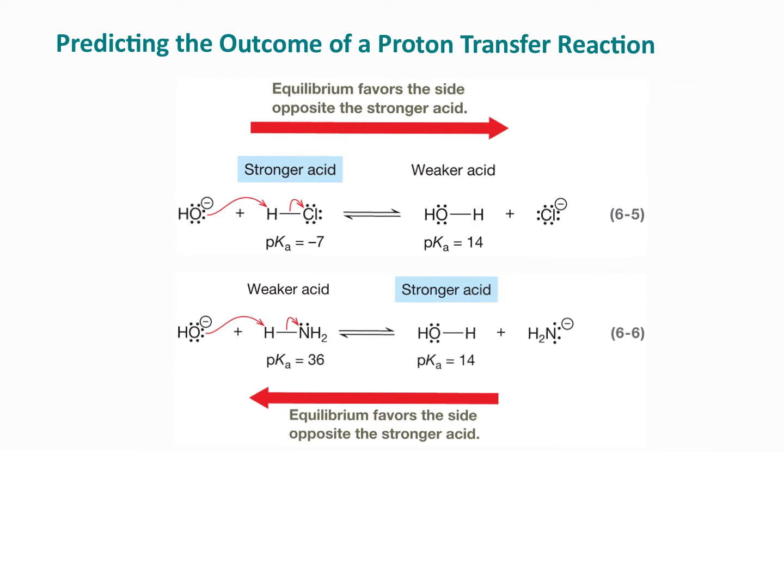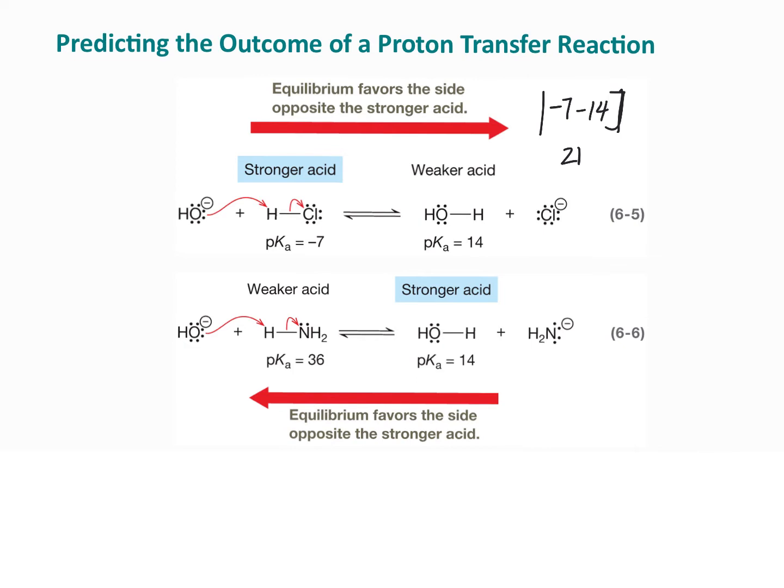So the pKa value, the difference between negative 7 and 14, and we're really looking for just the absolute value here. So negative 7 minus 14, there's the difference, and that difference would be 21, right? Absolute value, so we'll drop that negative.